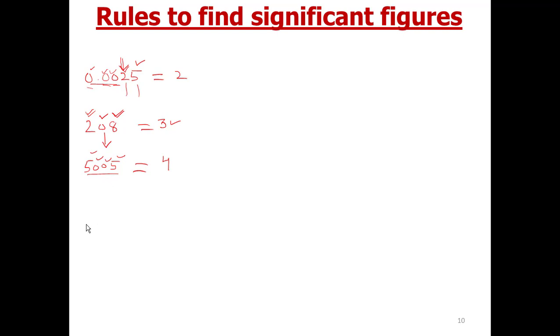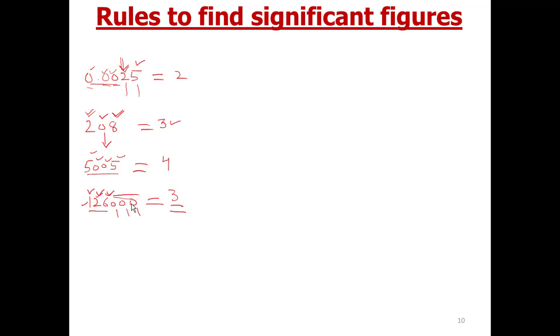So next, 126,000. As these are non-zero numbers, they are significant, so 3 significant figures are already there. Now what about the 3 zeros? The rule says that for zeros at the right hand side or end of a number, if there is no decimal point, these zeros are non-significant. So this number has only 3 significant figures, 1, 2 and 6.